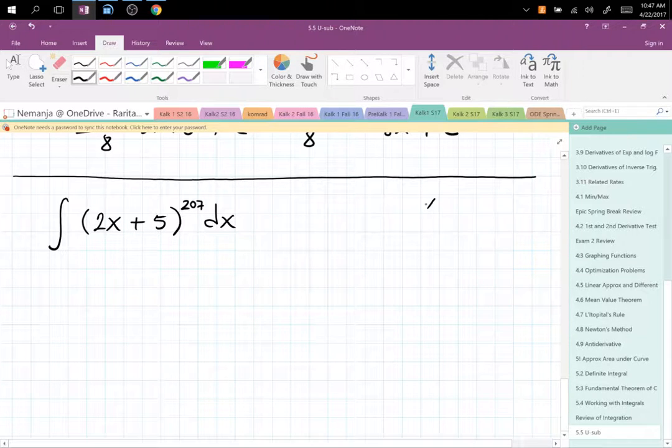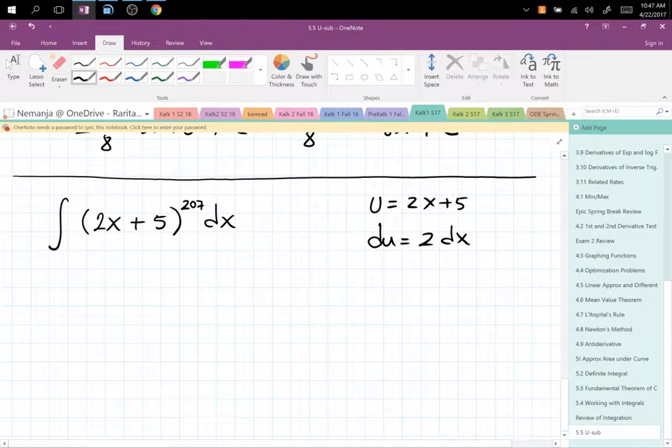I know how much x to the 207 is. It's not an issue at all, right? You just add 1 and you're done. So let me make whatever is inside the parenthesis, that one thing, call it u equals 2x plus 5. And then clearly du is 2dx when you take the derivative.